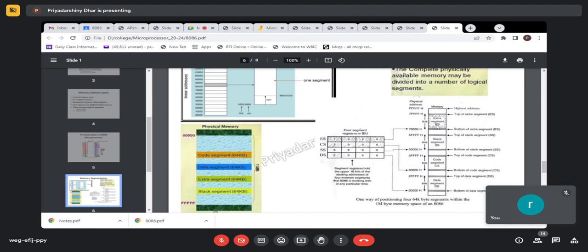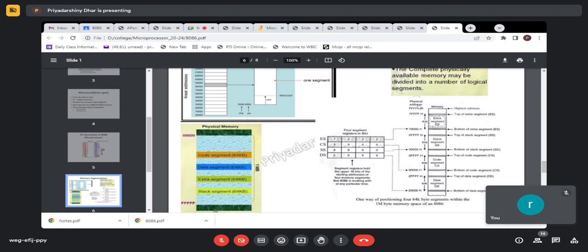Now, next point. So here 7000. If I consider this one, 70,000 is our ES, extra segment. The starting address is 7000 and the top address is 7FFF.